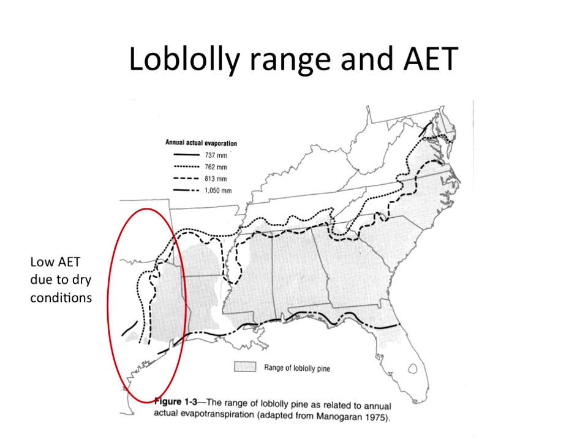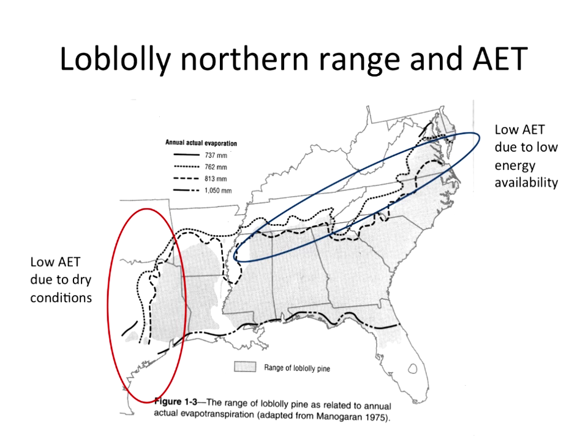So those are basically dry conditions. Whereas in the north, it's actually a similar low level of actual evapotranspiration, but at that point, that basically indicates lower energy input. So lower temperatures on the northern edge of the range tend to limit loblolly pine. So the western edge of the range is limited probably primarily by water, the northern edge of the range limited primarily by cool temperatures.